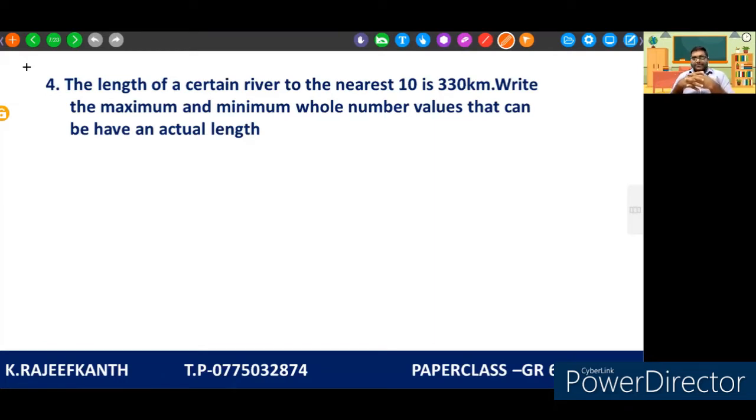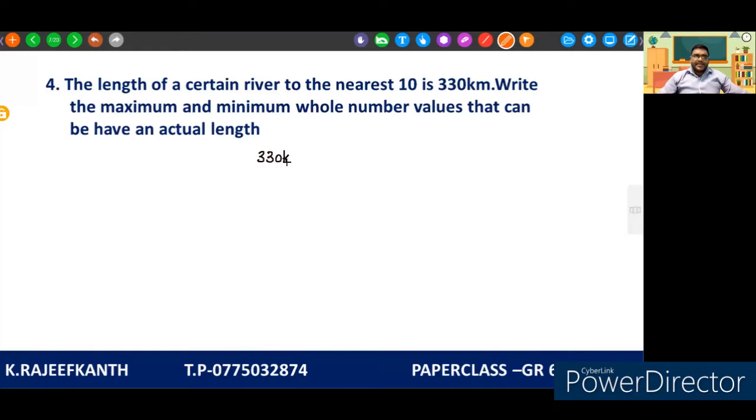Here the length of a certain river to the nearest 10 is 330 kilometers. Write the maximum and minimum whole number values that can be the actual length. Did you finish it? Right, okay.